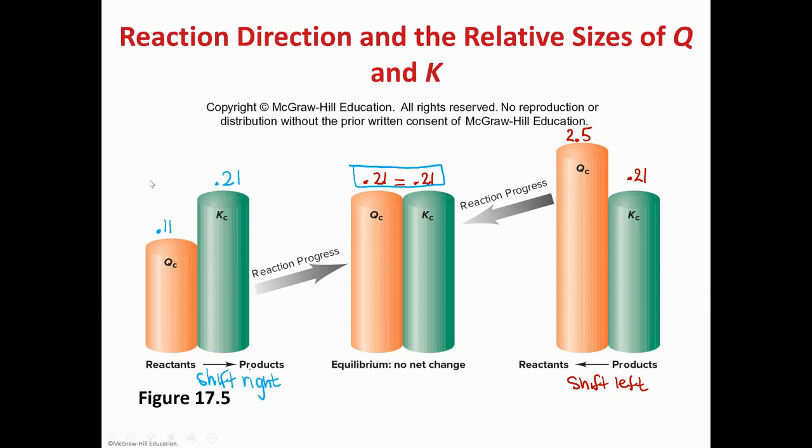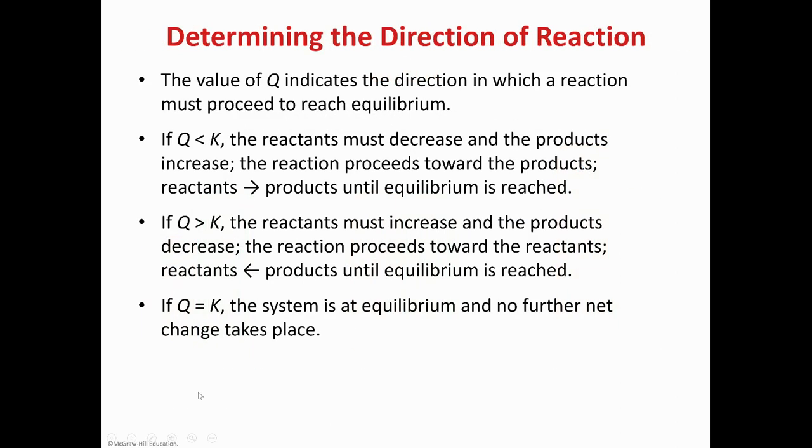If you like sentences and reading, then we'll go back to one more slide. And this is a summary slide. This is saying that if Q is greater than K, like we just did in our example problem, then it's too heavy on product and it's going to have to shift back to reactants to get to equilibrium. If we have a scenario where Q is too small, then it's going to want to shift to the right to get to products.